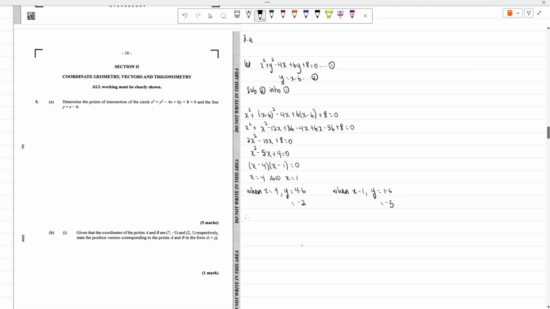Therefore, points of intersection are going to be when x is 4, y becomes minus 2. And when x is 1, y would have been minus 5. Easy 5 marks.